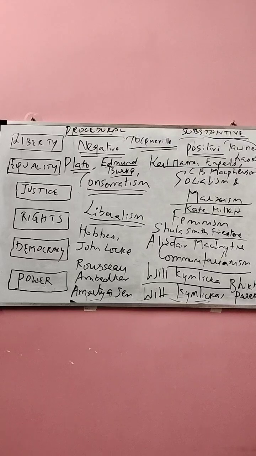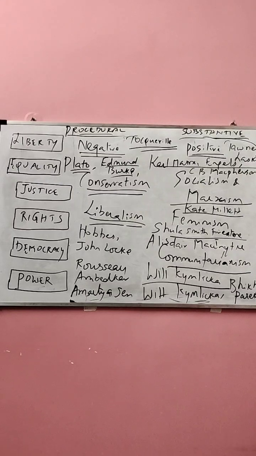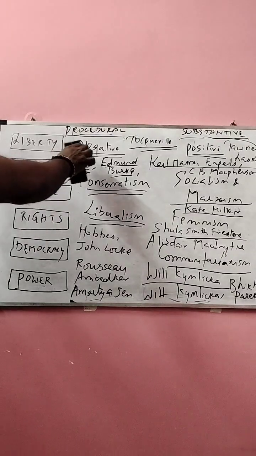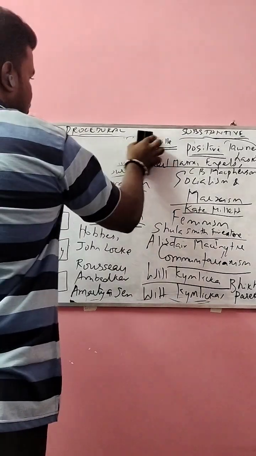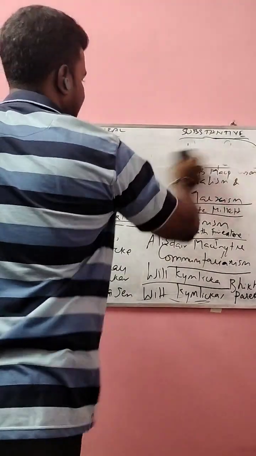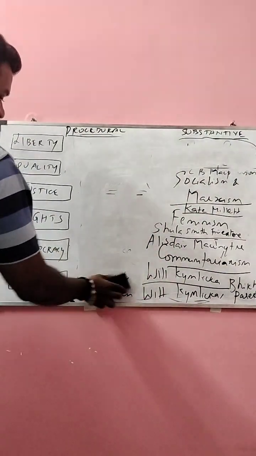Apart from these, there are many other ideologies also. These ideologies and philosophers are common to all the six concepts. I have discussed liberty. I will now discuss the other five. Based on procedural and substantive, you have to apply the same scholars and the same ideologies.